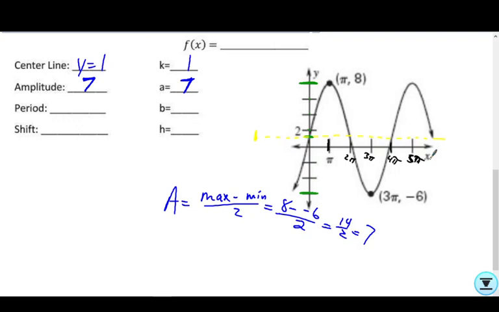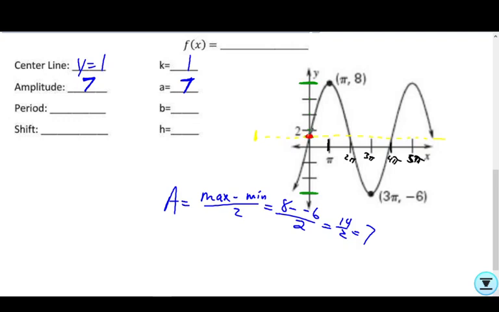You should realize by now that it takes in a normal period to get from its maximum to minimum, it takes 1 pi, for both sine and cosine. Well, from maximum here at pi to its minimum at 3 pi, it takes 2 pi, which means basically my period's been doubled.